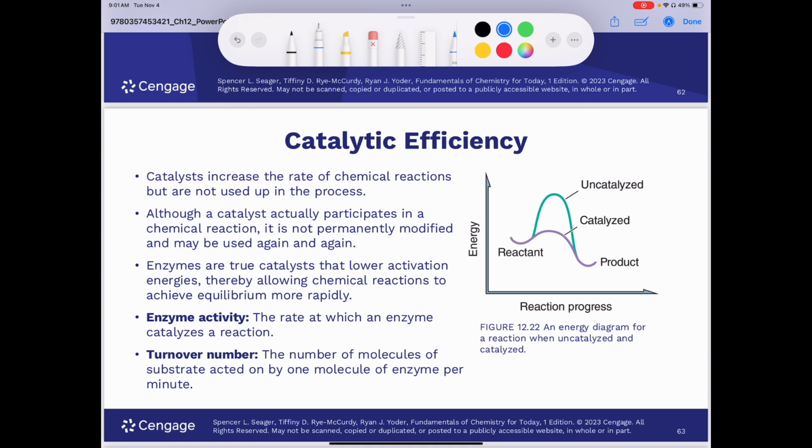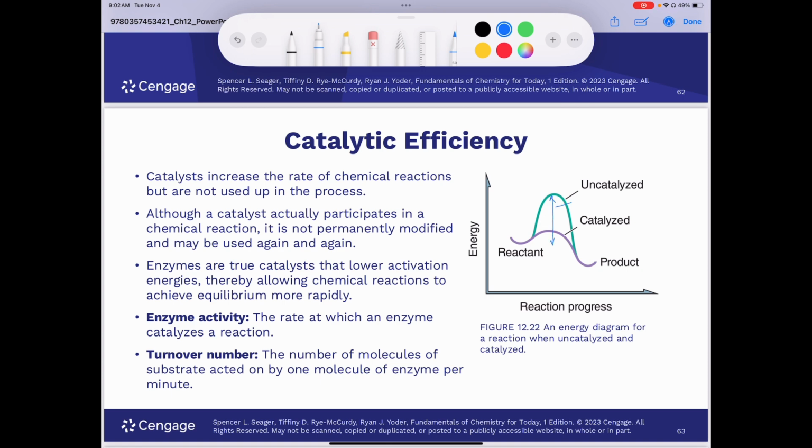And now enzymes are true catalysts that lower the activation energies, thereby allowing chemical reactions to achieve equilibrium more rapidly. And so if you take a look at this reaction coordinate diagram that's shown here in figure 12.22, we take a look at our uncatalyzed reaction, you see that the activation energy is very high, right?